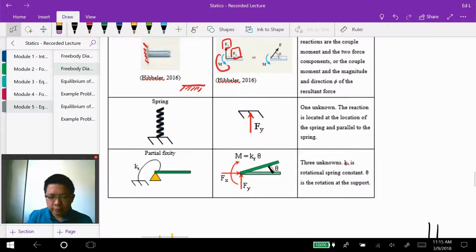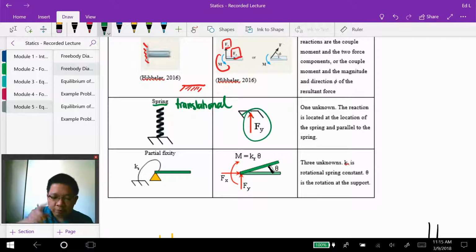And the next type of support, I think most of you are familiar with this one, is what we call a spring, and this is a translational spring. For a translational spring, there is only one reaction force, in the direction parallel to the direction of the spring.